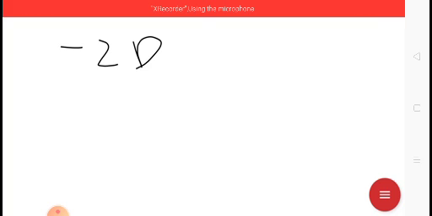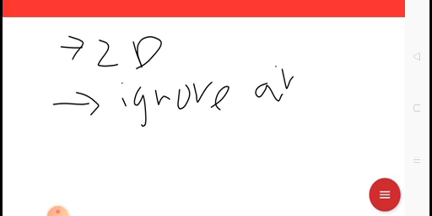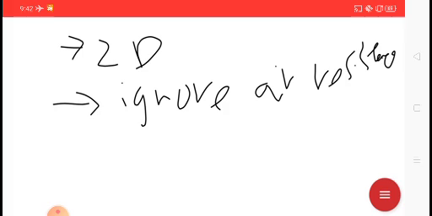And in this projectile motion, normally we will ignore air resistance. Okay, we will ignore air resistance.